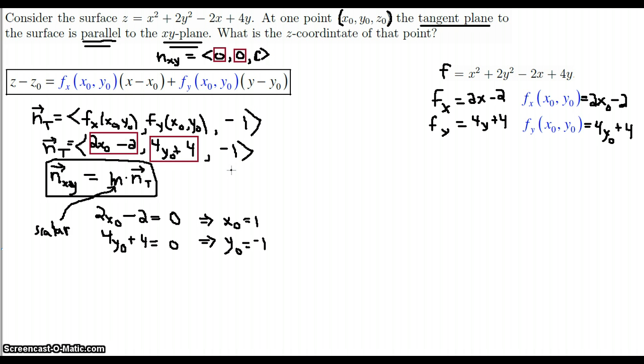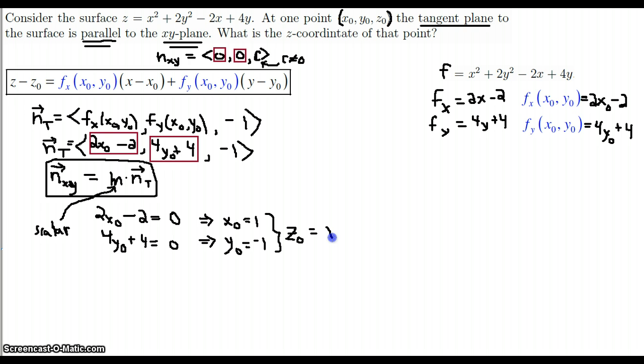And so here C is not 0. Okay, and so we have x naught and y naught. Now we just take these two together and go back into the surface equation to find what z naught is.